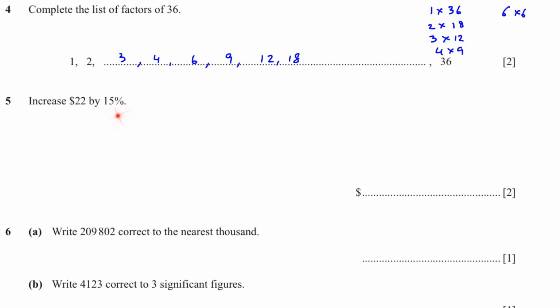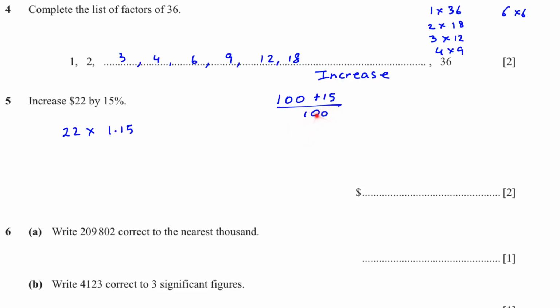Increase $22 by 15%. We can find the answer directly by doing 22 multiplied by 1.15. How did we get this 1.15? Whenever we want to increase by a percentage, we do 100 plus the number we want to increase by, divided by 100.